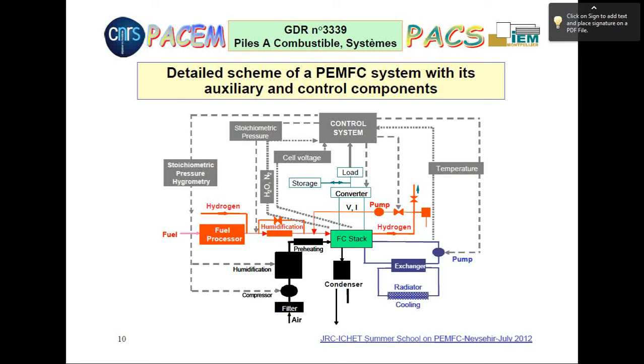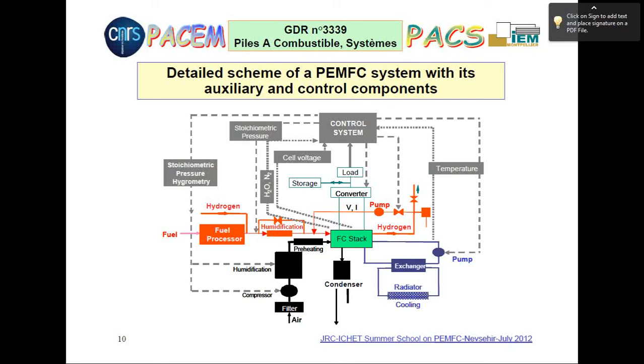So at the cathode you have a mixture of exhaust, water, and air, and so you have a condenser to separate water from air. And you also have to control the temperature, so you have a cooling process, a heat exchanger, a pump, then you have the load.